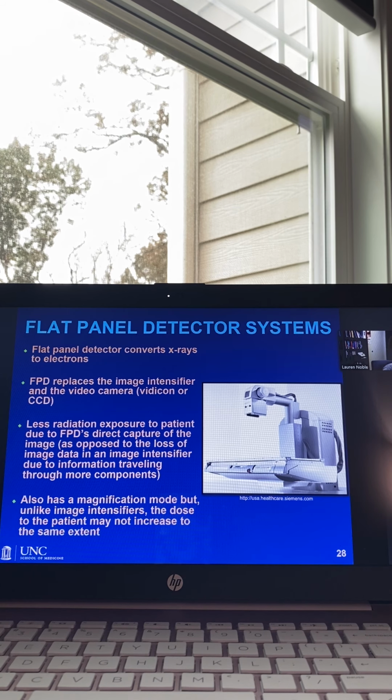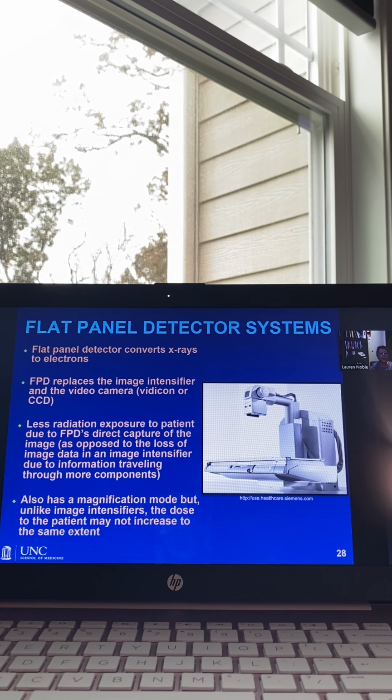So what the flat panel detector does is ultimately the X-rays do get converted into electrons. So, the amorphous selenium, because they tend to be the direct conversion flat panel detectors. So the X-rays come in, interact with amorphous selenium, and we end up with electrons. And that's our image data. So the nice thing about this flat panel system is that big bulky image intensifier is gone.